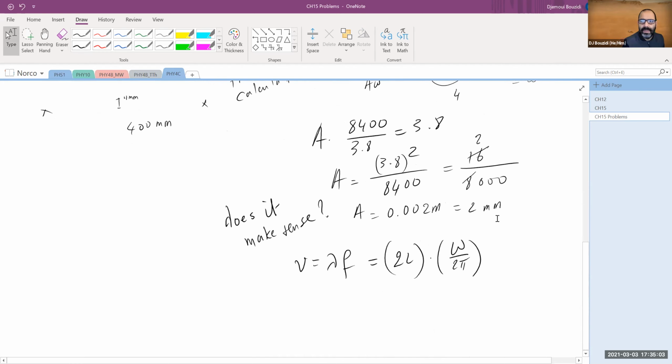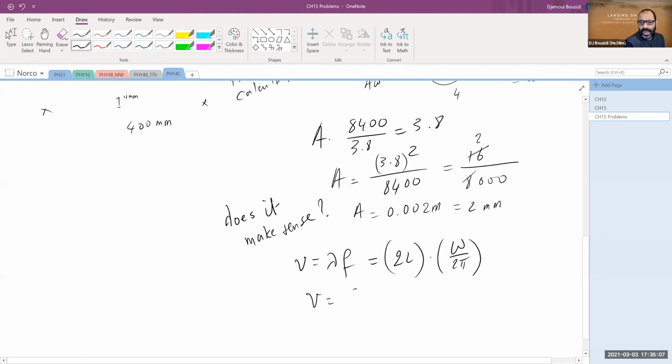All we have to do is divide that number by 2 pi and we're done. So the velocity now, 2L is 2 times 0.386 meters, I have to use the proper units, times omega, which is roughly about 2100. Again, you guys are supposed to come up with better answers, divided by 2 pi, which is roughly 6.